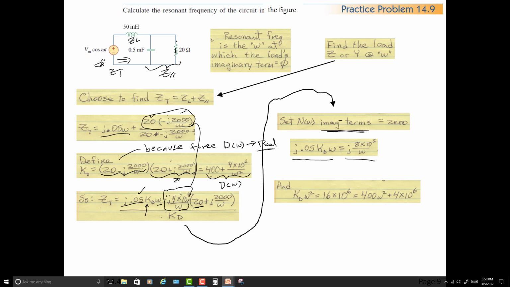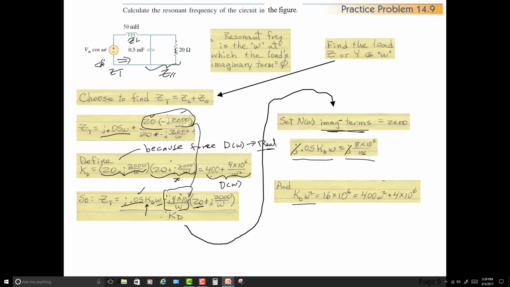Okay? So this says, what do I get? This cancels. That'll cancel. I multiply through by W, and I get 0.05 kdw squared. So I'm going to take 0.05 and divide both sides by 0.05. So I'll end up with kdw squared. It's going to be this times this guy. And that's going to equal 16 times 10 to the 6th.